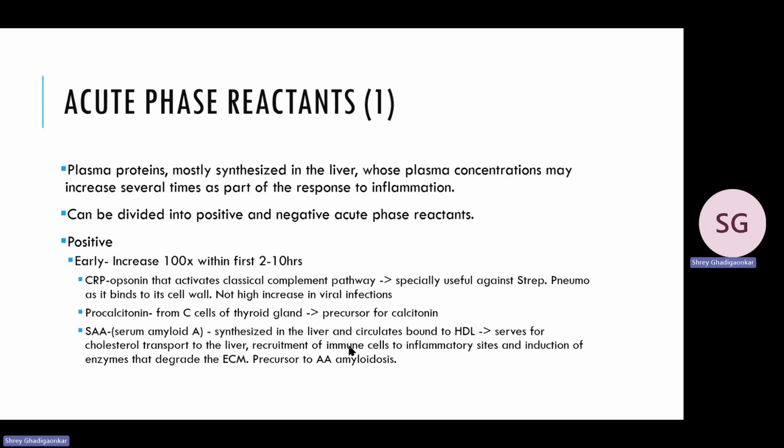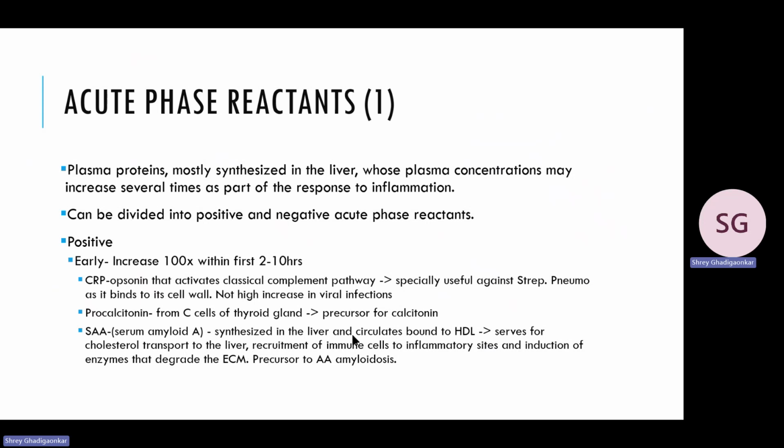Coming to the acute phase reactants, in general, acute phase reactants are proteins that are elevated during an acute phase reaction, and this usually involves cytokine-induced synthesis of these proteins by the liver, the most important cytokine being interleukin 6. And these can be divided into positive and negative acute phase reactants.